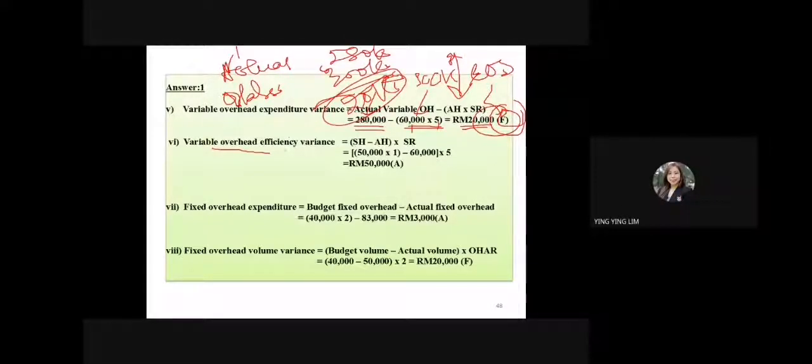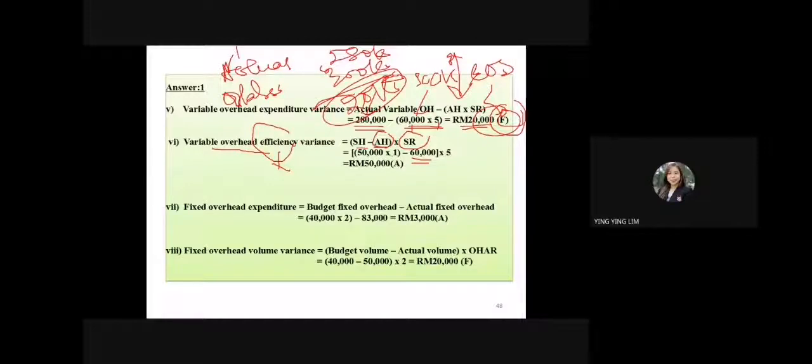So variable overhead efficiency. Efficiency is always in terms of the quantity. You are comparing standard hours with your actual hours and you multiply with the standard rate. Right, so your actual labor hours here is 60,000. So if I use 1 minus 60,000, it doesn't make sense, right?